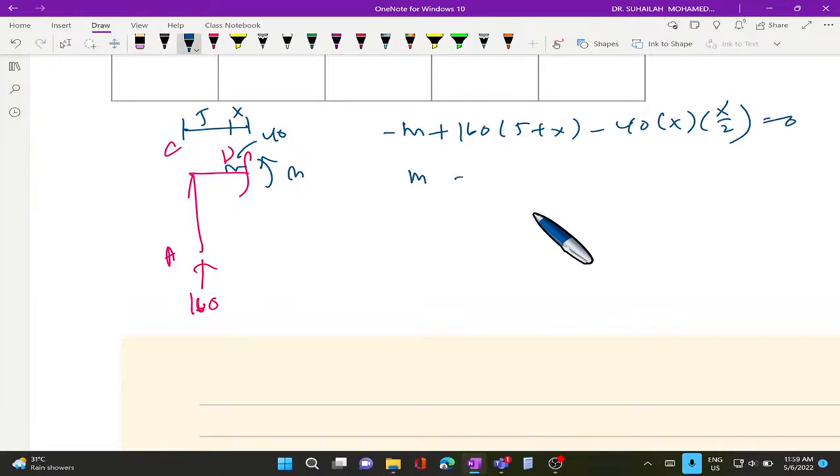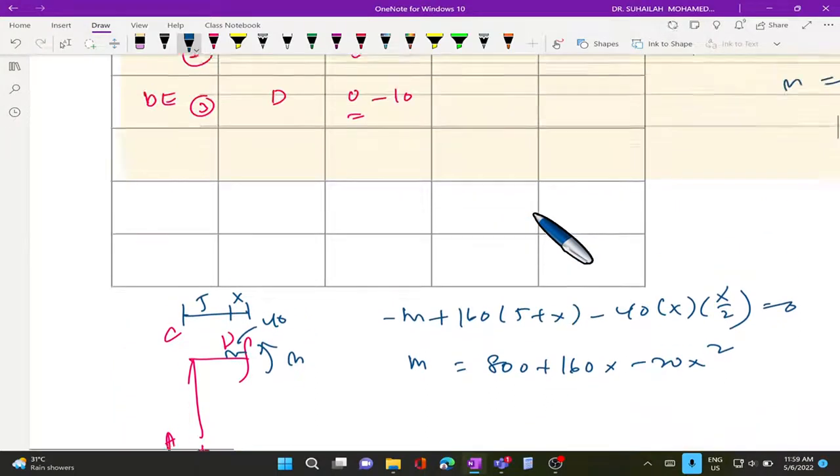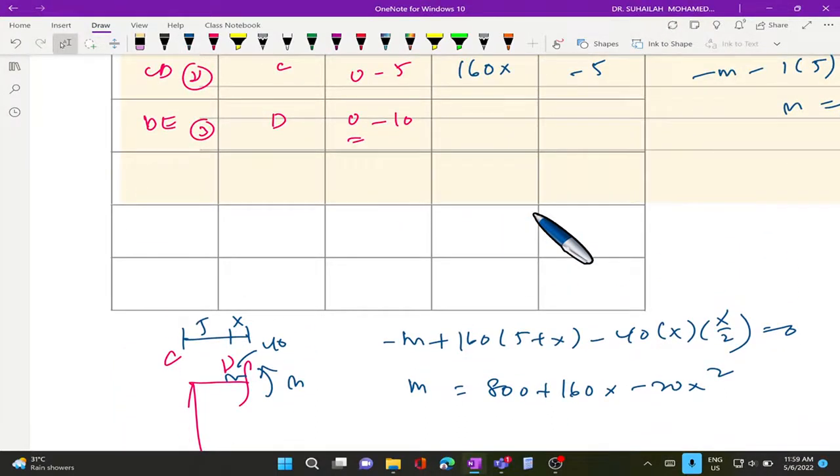So M is equal to 160 times 5, we get 800 plus 160x minus 20x squared.